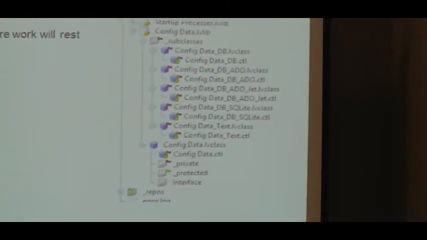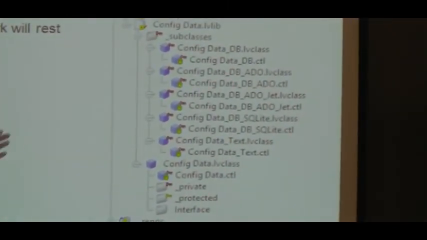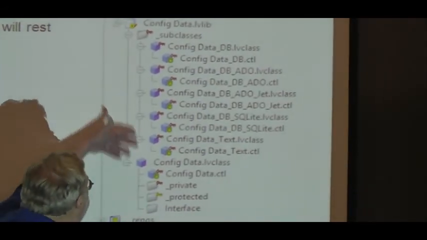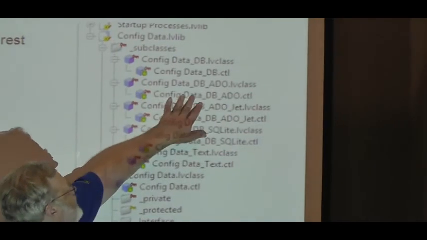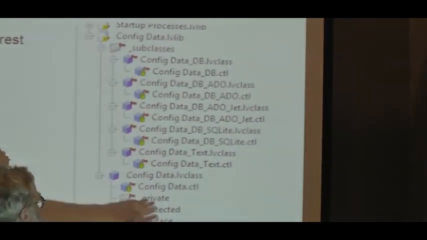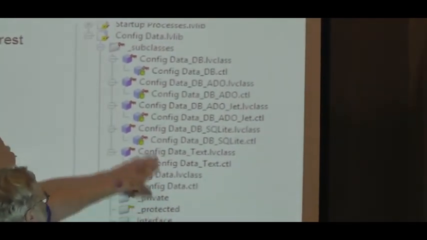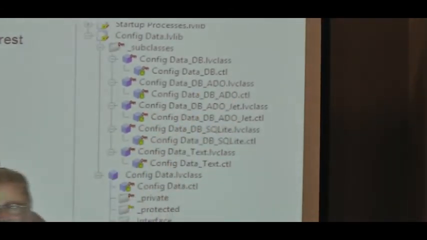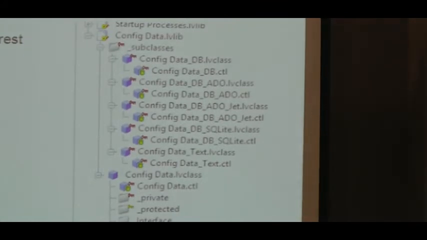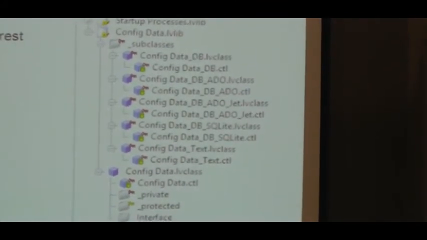So I created the classes, and I created the directories for them to reside in. I used my naming convention here. The top level class is called config data. So we have config data underscore database underscore ADO. This basically sets up the structure. Does nothing else.